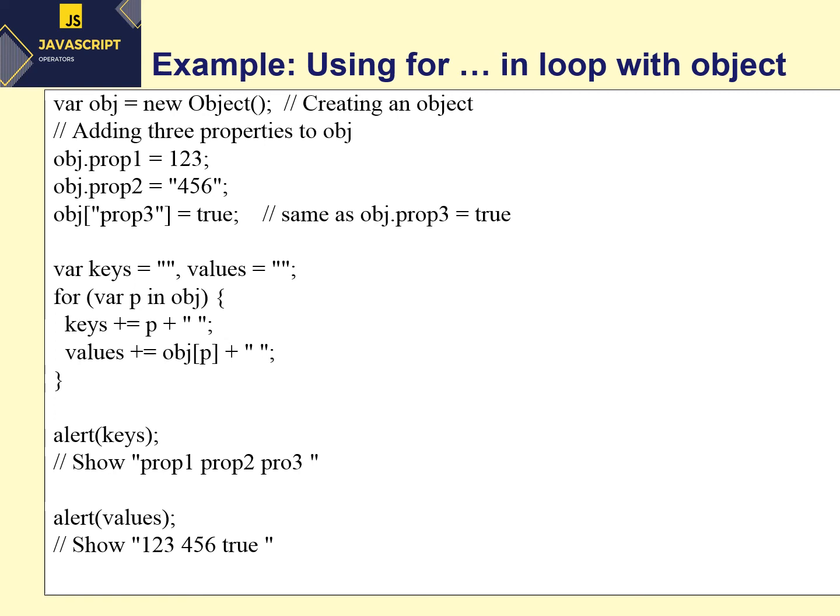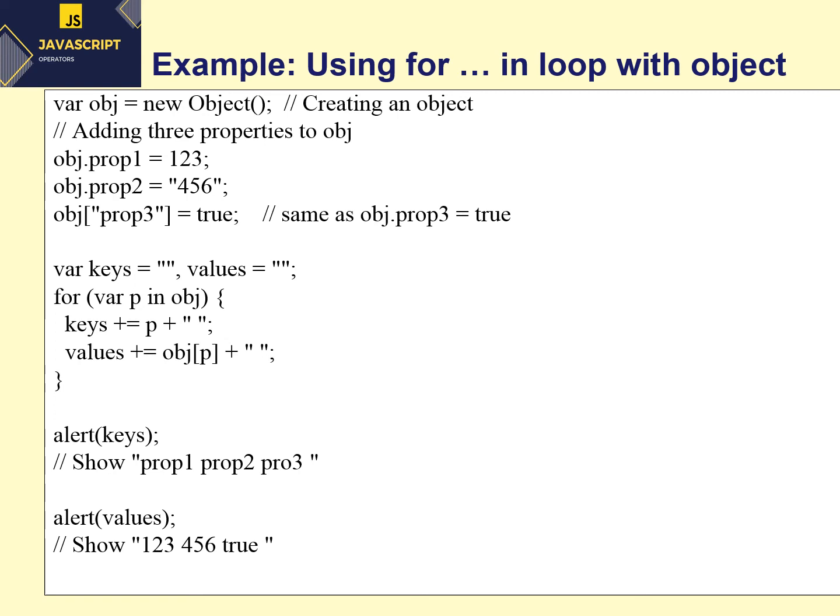Those properties will be considered as p. So for this particular object obj, the properties are prop1, prop2 and prop3. So the variable p will take the data like prop1, prop2 and prop3. So keys plus equal to p plus space.